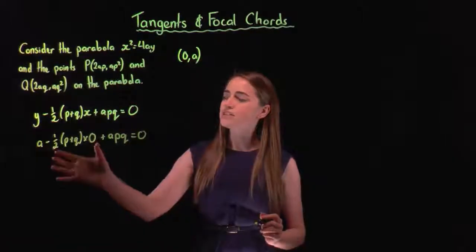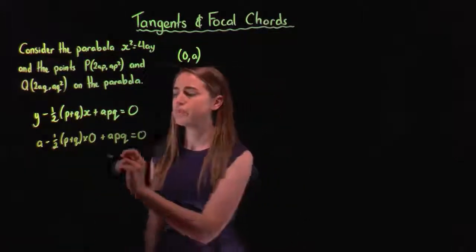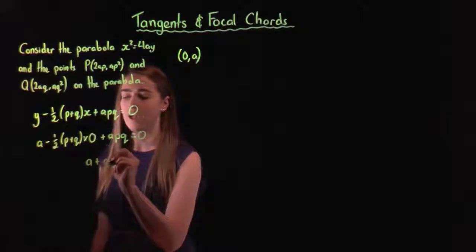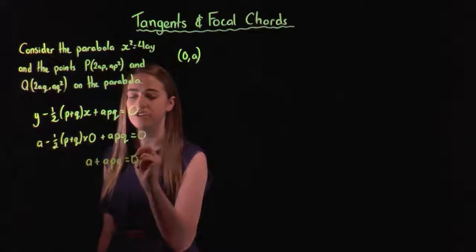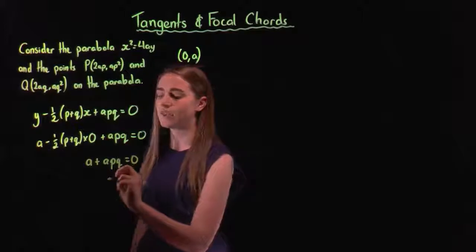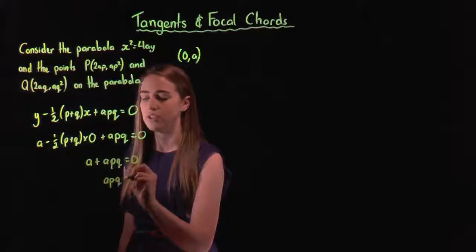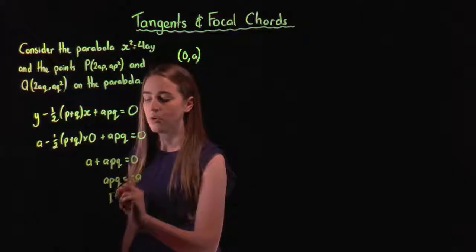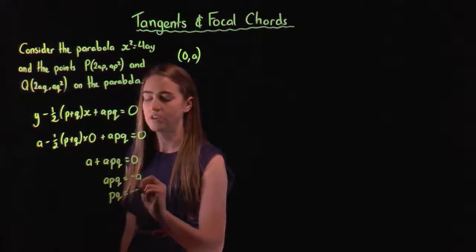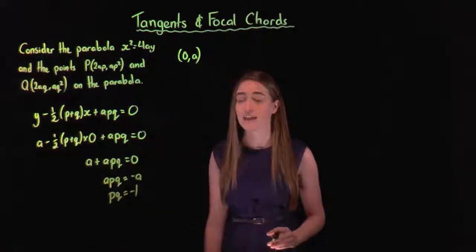Now that 0 here is going to eliminate that entire middle term. So we're going to have a plus a P Q equals 0. And if we rearrange that, we can have a P Q equals minus a, or P Q equals minus 1 if we divide through by a.